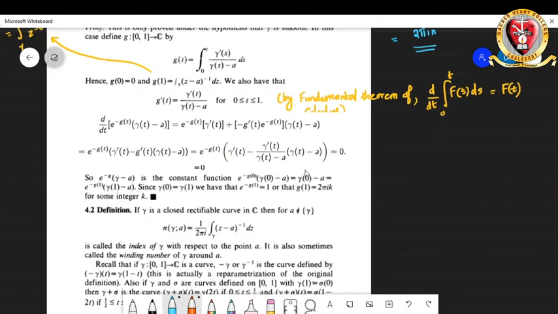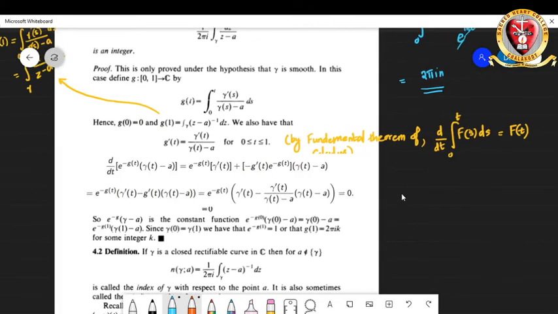So you get that to be gamma of 0 minus a. Since this is constant, when t is substituted by 1 in the same function, you get the same. So you get e to the power minus g of 0 into gamma of 0 minus a is equal to gamma of 0 minus a, which is equal to e raised to minus g of 1 into gamma of 1 minus a.